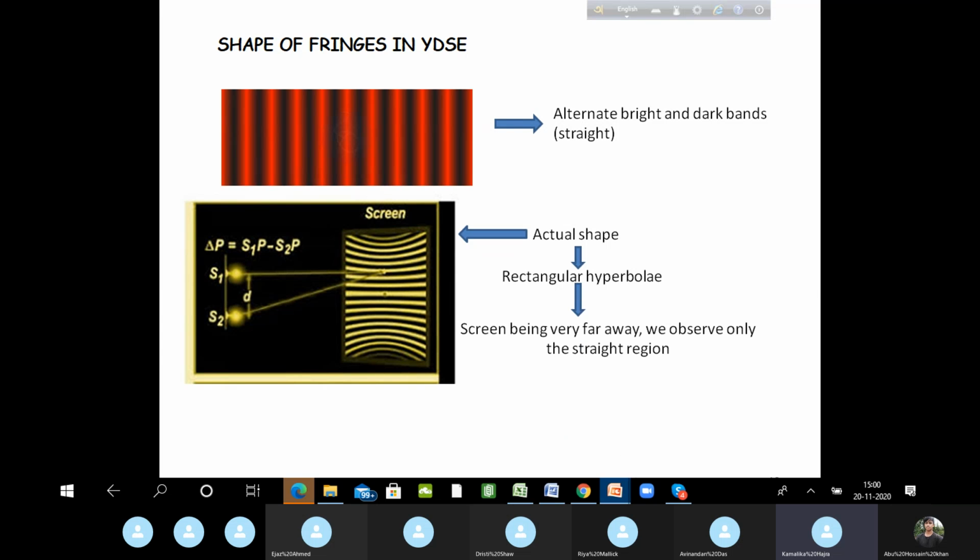However, the screen is very far away, so we observe only the straight region, this middle portion, of the rectangular hyperbola. The locus of an arbitrary point P on the two-dimensional screen is given by this. This is again very simple mathematics. You can use simple trigonometry and show that this is the case.